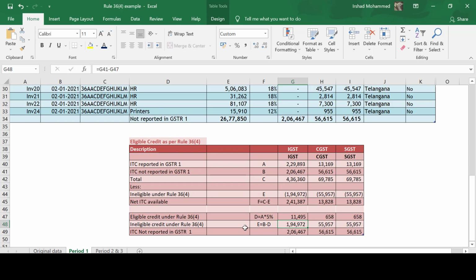So now since we have ineligible ITC for period 1, we can arrive at eligible ITC available for the period 1 in row 45. You can see here. Once we arrive at ineligible ITC, we can arrive at what is the eligible ITC. Now you can see what we have done here.